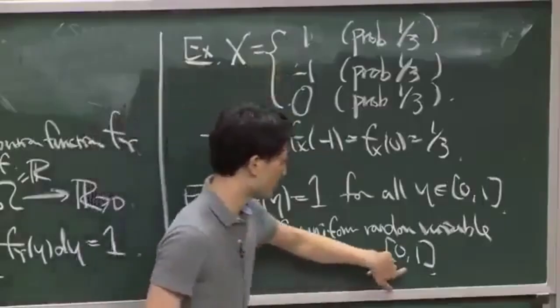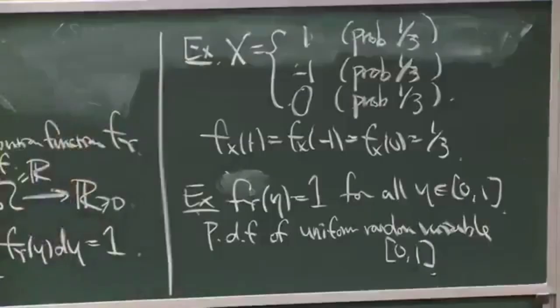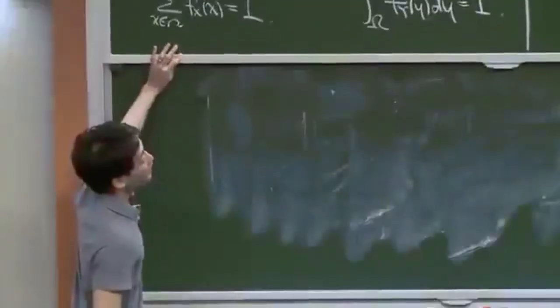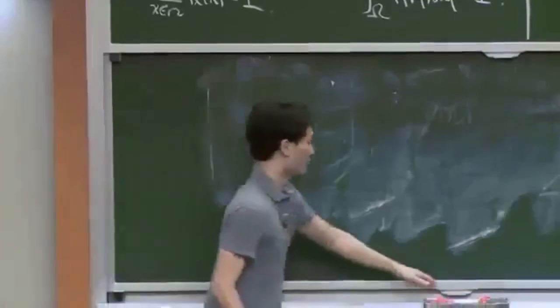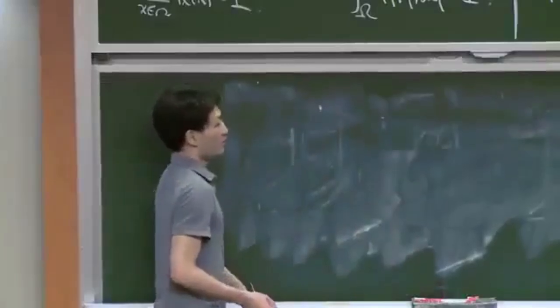This picks one out of all the real numbers between 0 and 1 with equal probability. These are just some basic stuff. You should be familiar with this, but I wrote it down just so that we agree on notation.